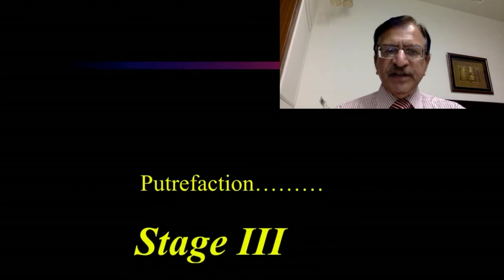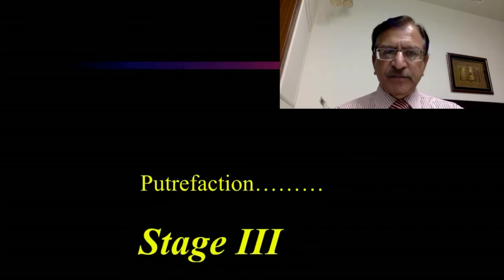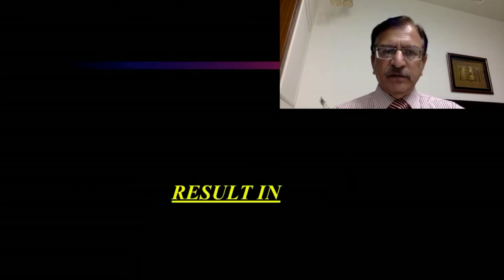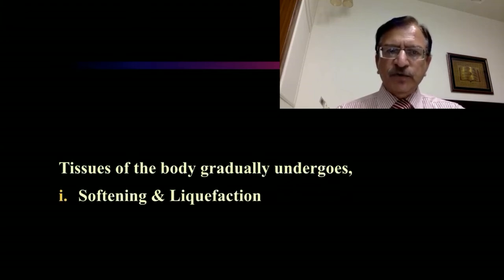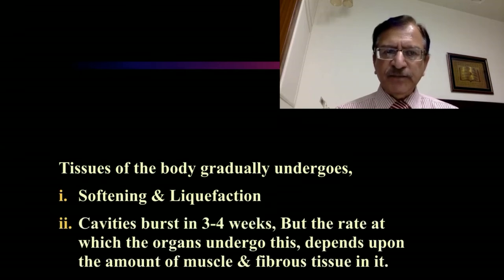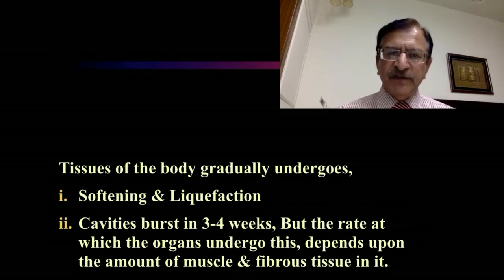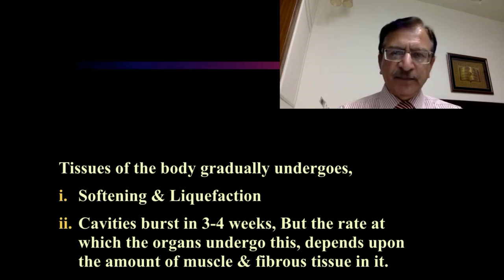Now, the third stage of putrefaction, which results in all the tissues of the body undergoing softening and liquefaction. The cavities will burst open in 3 to 4 weeks, but the rate at which the organs undergo this depends upon the amount of muscle and fibrous tissue in them.